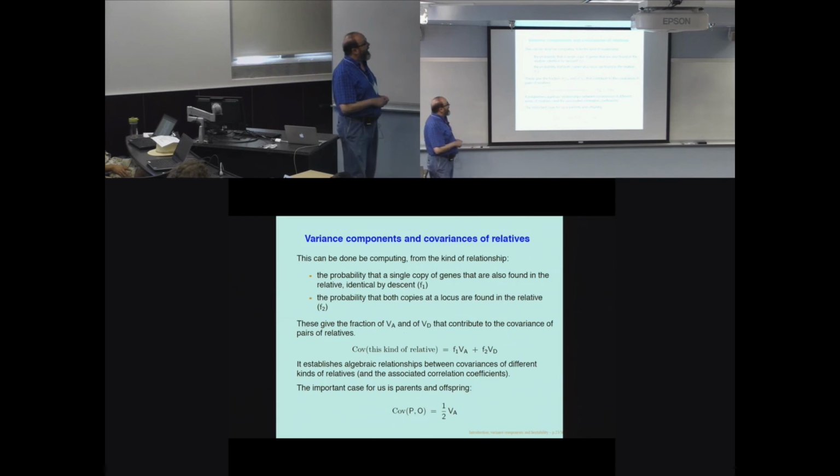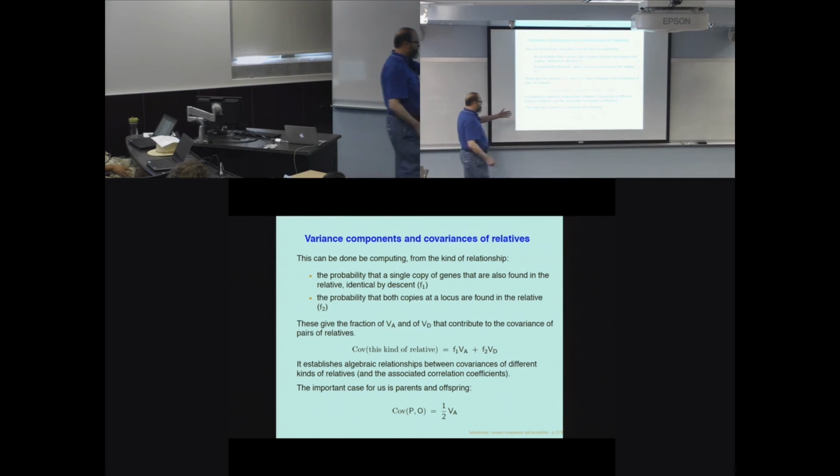And I've said all this. You can work out the F1 and F2 from Mendelian genetics, and you get this formula. So the important case that we're going to use is parents and offspring. And there, a fraction 1/2 of the alphas is shared and 0 of the deltas.